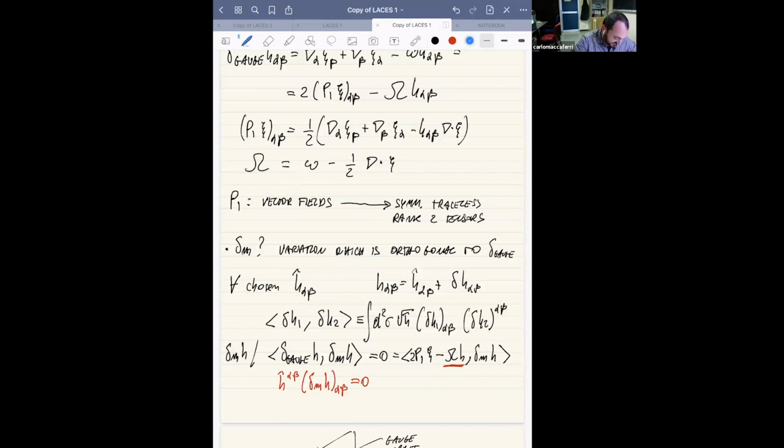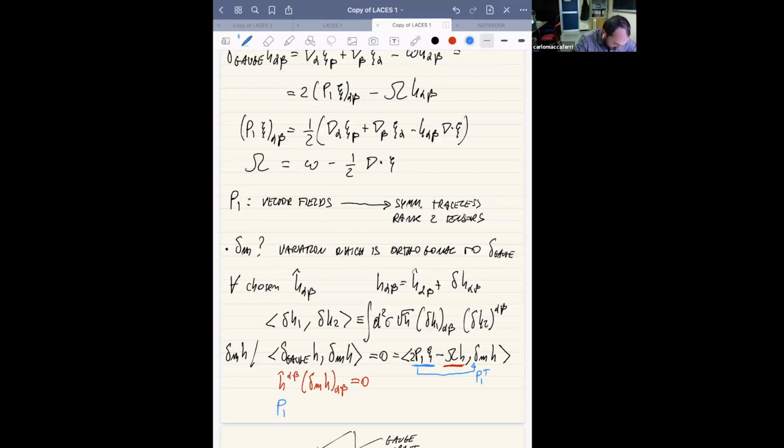Then we look at the other piece, which gives a more interesting equation, because from here I can take this P₁ and apply it on the other side of the scalar product, where it becomes P₁ transpose, or adjoint, however you want to call it.